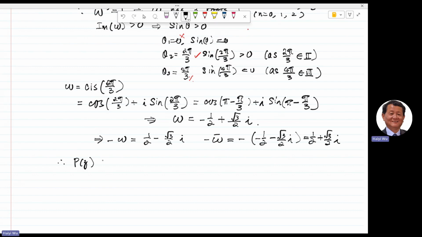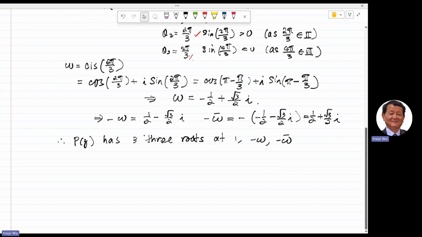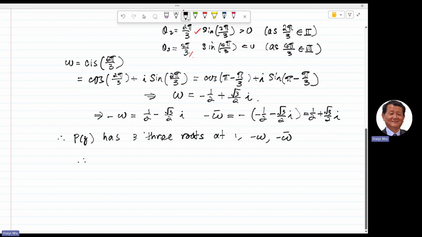Now, therefore, P of z has 3 roots. First one, 1. Three roots at 1, negative omega, and the conjugate. So therefore we can write the polynomial as 3 brackets, according to the roots theory.